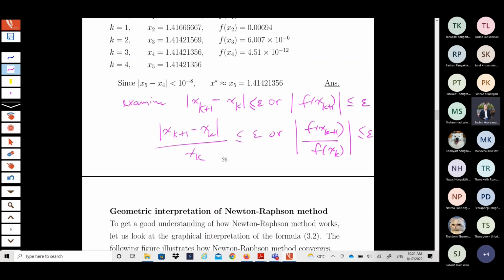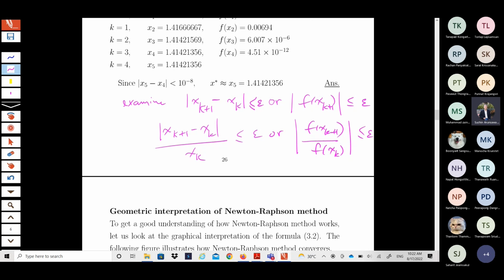When we look at the error in relative form or the absolute form, the meanings or the purpose of using them is slightly different depending on the situation.